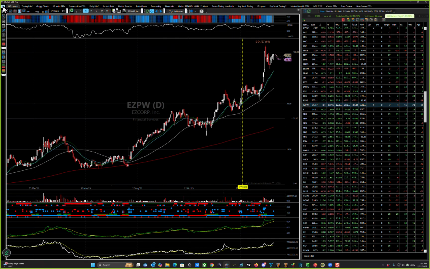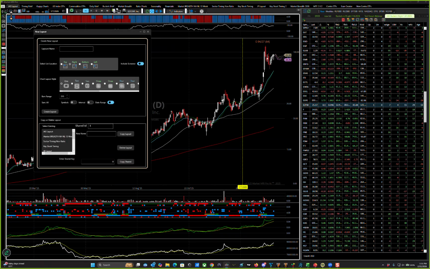Now I'm going to go to new layout, and I'm going to create a new layout. Scan and V and W. This time I'm going to put the list above me. Got the screener. I want two side-by-sides.